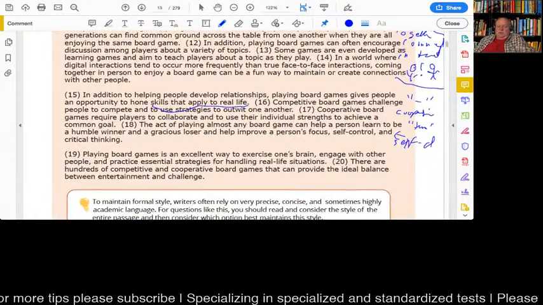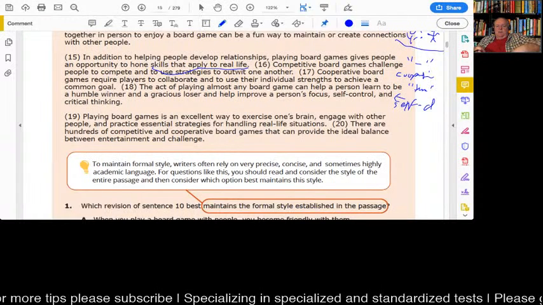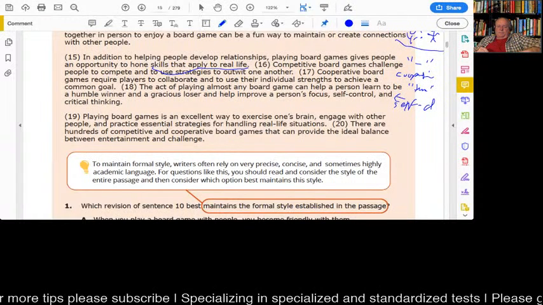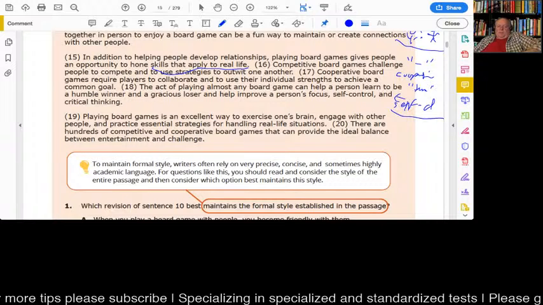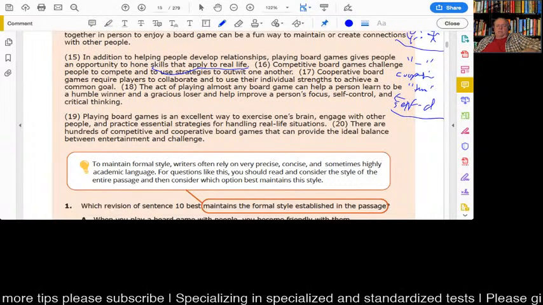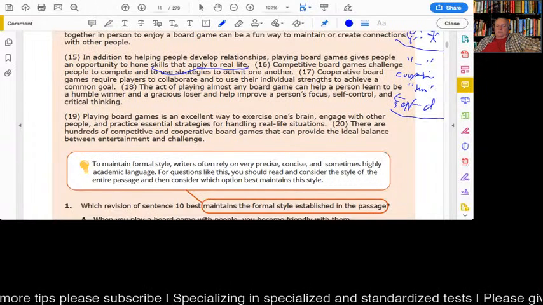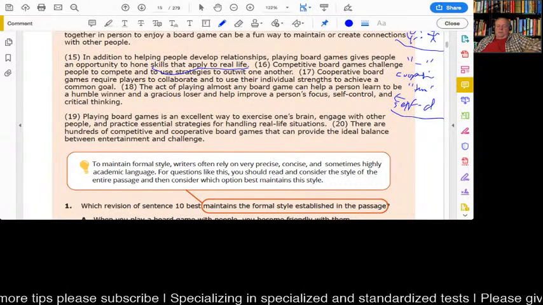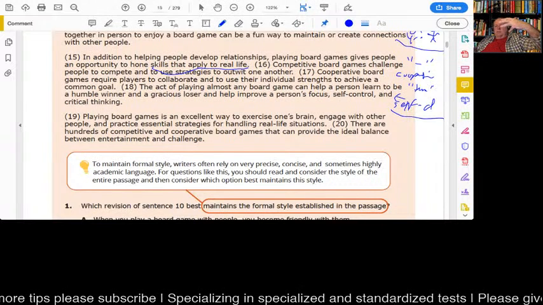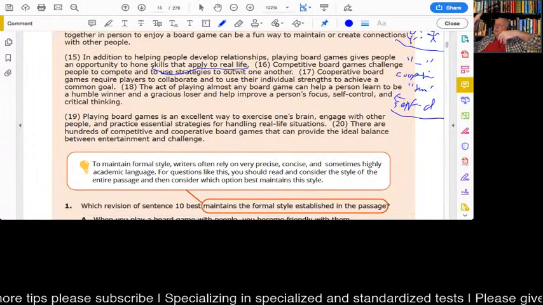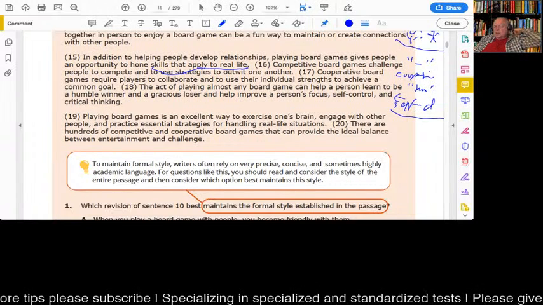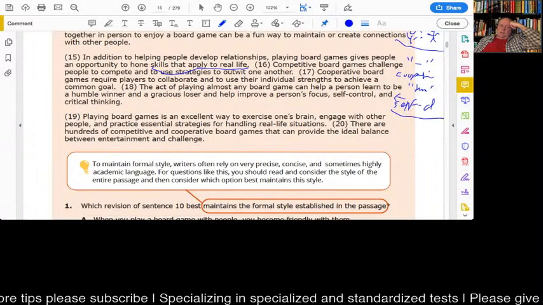Okay, so then there's the last paragraph. Playing board games is an excellent way to exercise one's brain. Engage with other people. So now they're summarizing this stuff. This is stuff you actually wrote on the right-hand side there. Playing board games is an excellent way to exercise one's brain.